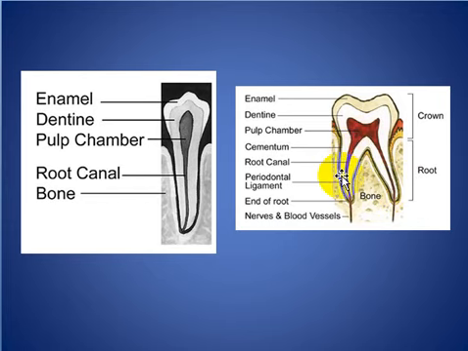The root canal is surrounded by cementum, and the cementum is surrounded by the periodontal ligament, and the periodontal ligament is surrounded by the lamina dura.